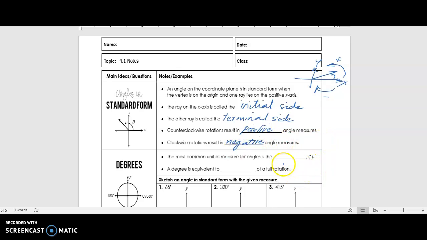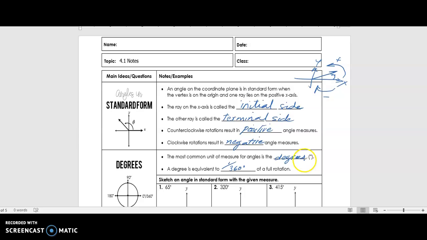So the most common unit of measure for angles is degrees, right? Degrees, as in there is a small circle on the top that you would write, okay? A degree is equivalent to 1/360th of a full rotation, right?